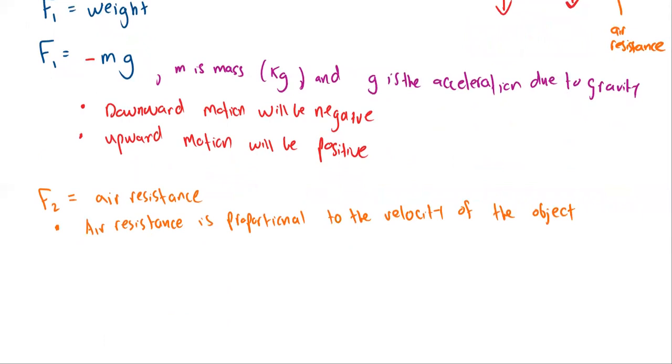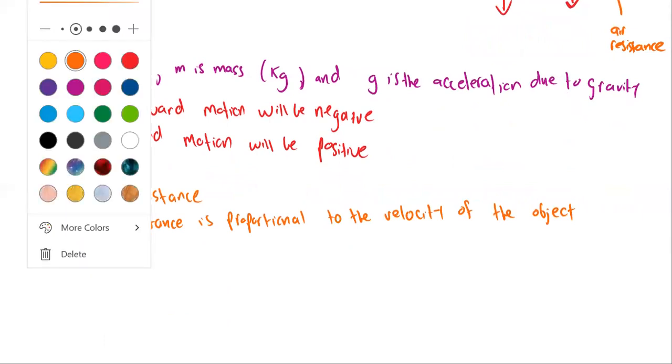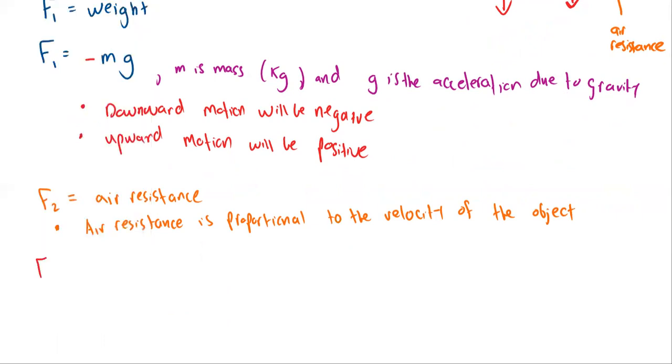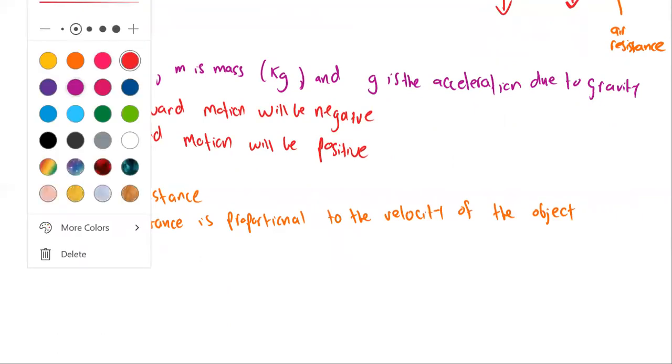Now, we usually denote velocity with v, kind of like you did in Calc 1 and Calc 2. Use v for velocity. So if you want to write F2 as an equation, how do we do that? Well, we're going to write it like this.